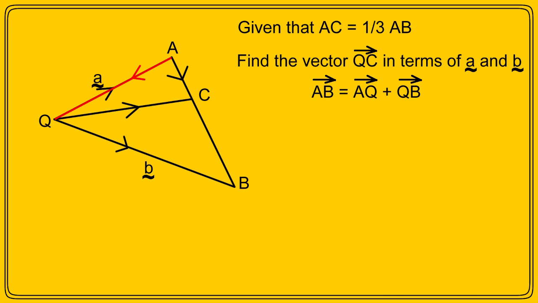It's vector AQ plus QB, which is minus little a plus little b. You'll remember that minus a is the inverse of a, and that's what we need since we're going backwards along the a vector. So now we have AB equals AQ plus QB, which is minus a plus b.